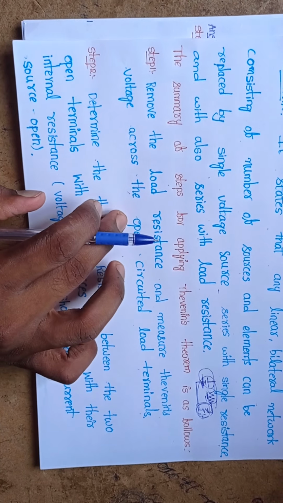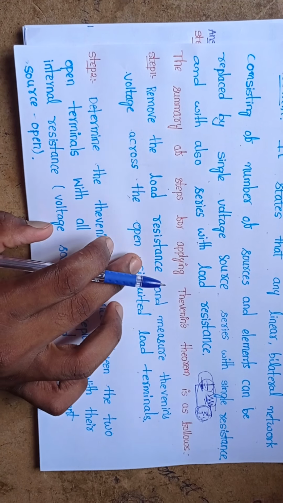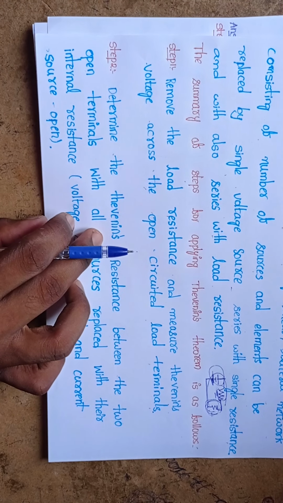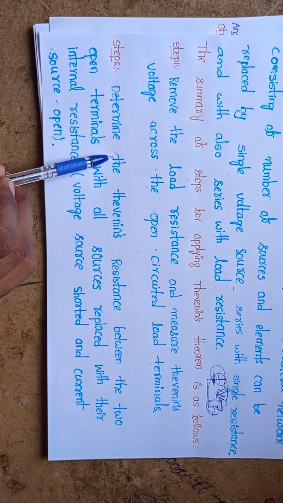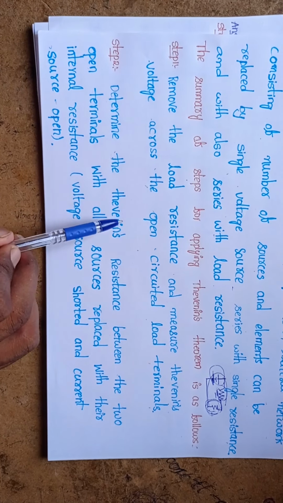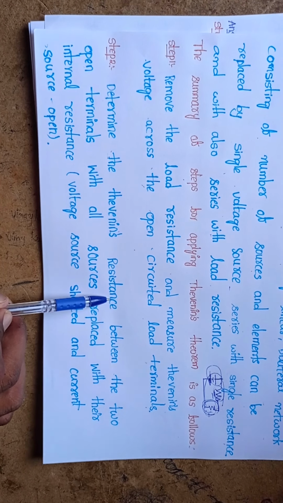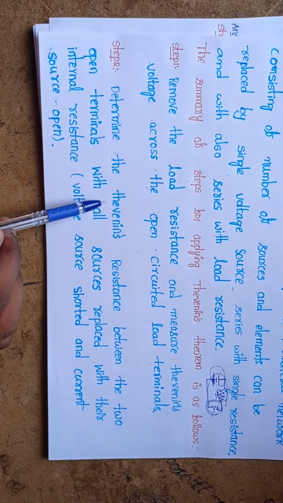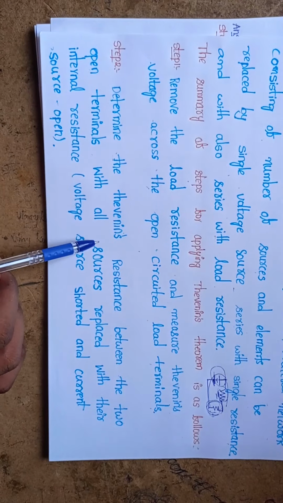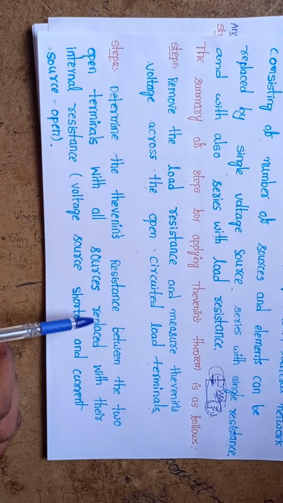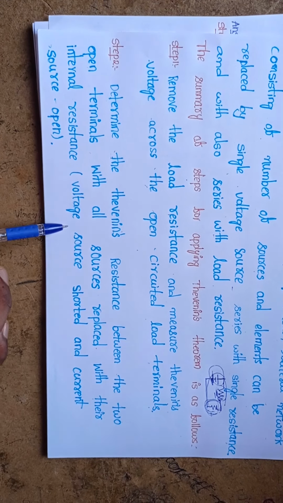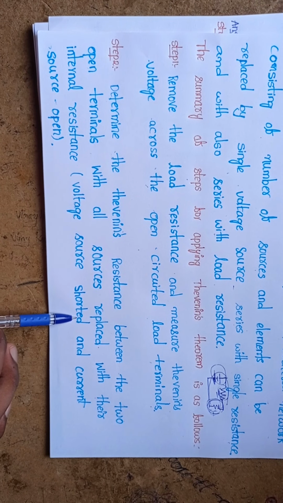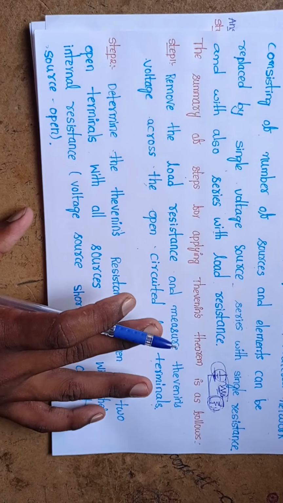In the first step we find the Thevenin's voltage, and in the next step we find the Thevenin's resistance. Step 2: determine the Thevenin's resistance between the two open terminals with all sources replaced by their internal resistance. Internal resistance means the voltage source is short circuited and the current source is open circuited.